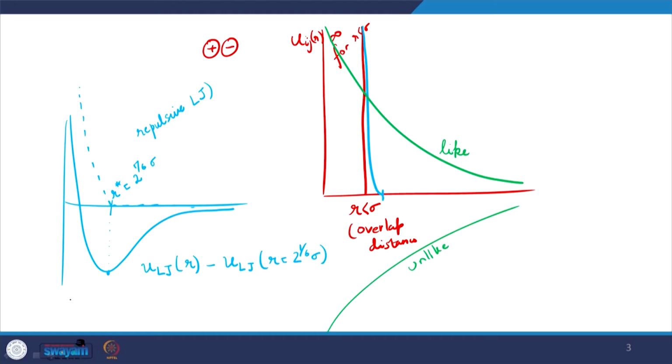Together, we will have some form for like charges, for example, something like that. At longer distances it behaves pretty much like the standard Coulomb interaction, but at shorter distances there is a correction because of the repulsive Lennard-Jones interaction, and that takes care of the fact that two particles cannot really overlap.